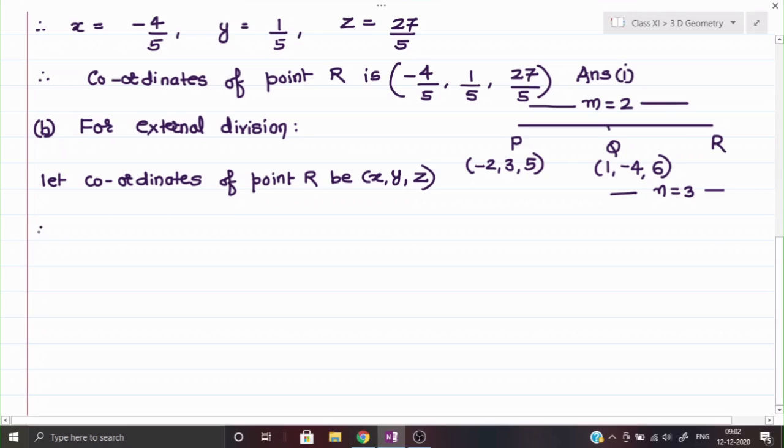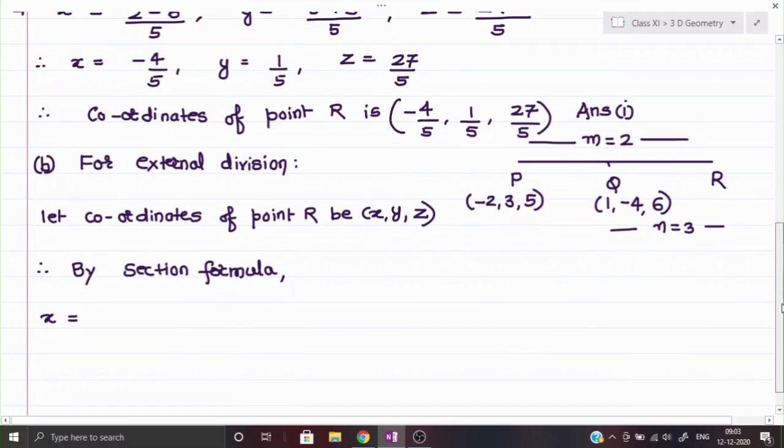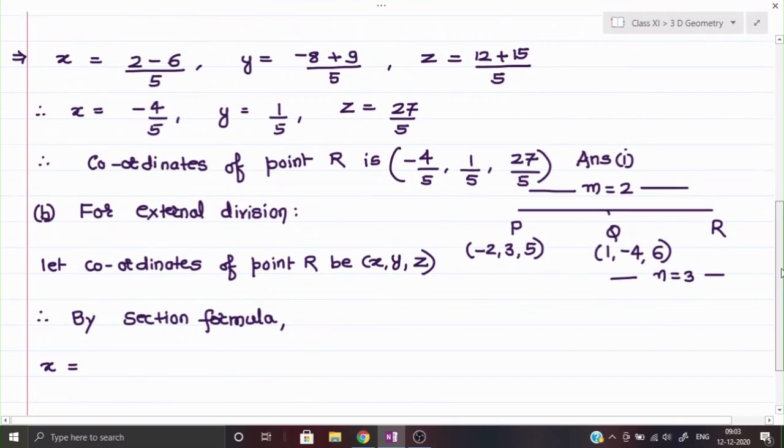Therefore, by section formula for the external division. So we are applying the section formula for external division. The same values will come, only a minus sign will come in place of plus. So whatever I have written earlier, exactly the same I will write down.